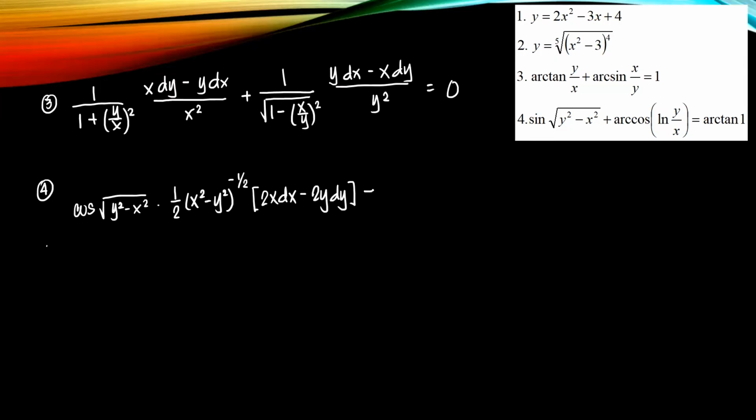For the second portion, it's an arc cosine, so it's negative 1 over square root of 1 minus ln y over x quantity squared. And then ln, so 1 over y over x, right? And then that one is low d high minus high d low over low squared, which is equal to 0 because that's a constant. Next.